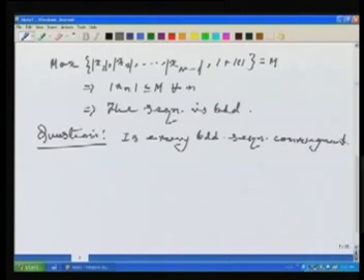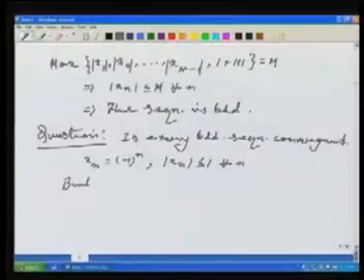Well, the answer is no, and we can easily see that if I look at the sequence xn equals to minus 1 to the power n, then it is clear that mod of xn is less than or equal to 1 for all n. But we know that xn does not converge.